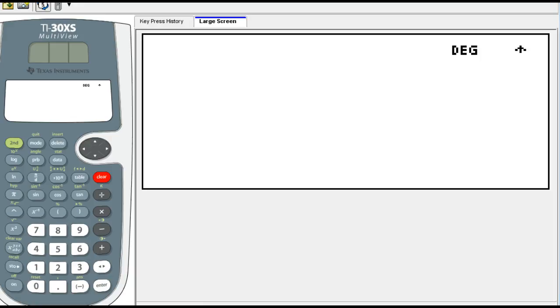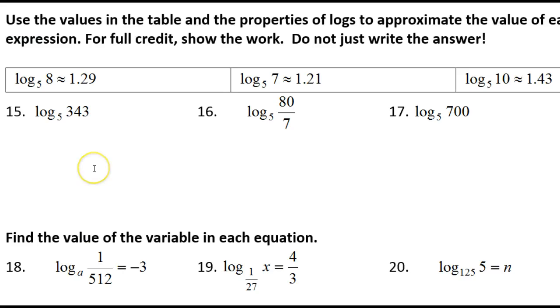Okay, sort of hold this in your mind. These are the numbers that we have to work with. We have 5 and 8 and 7 and 10. These right here are all log base 5.